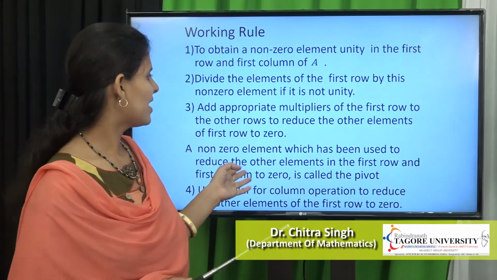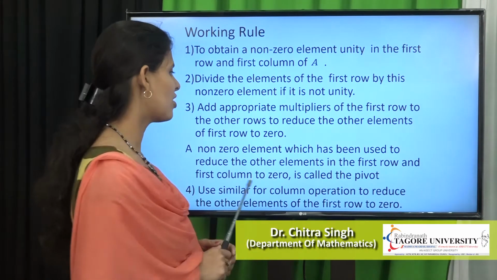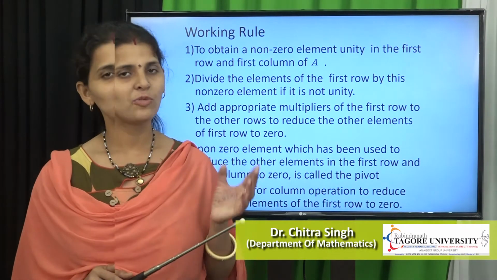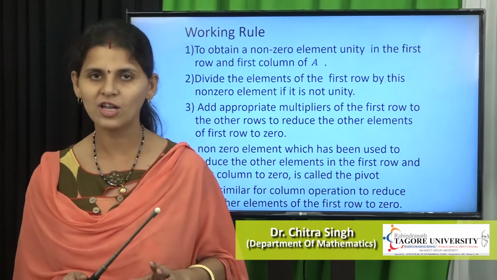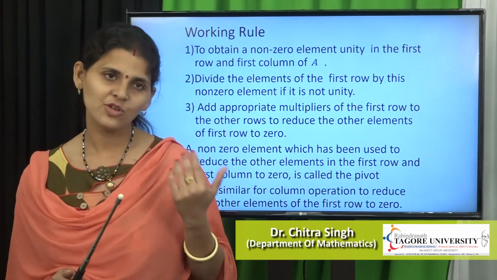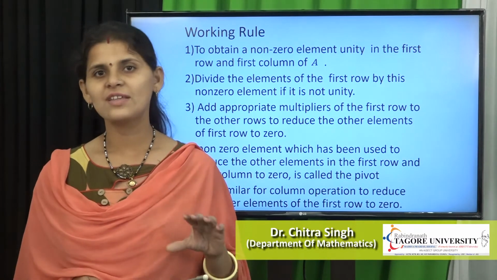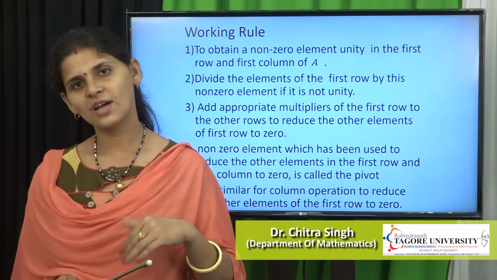A non-zero element which has been used to reduce the other elements in the first row and first column to 0 is called the pivot. You make the first element of the row and column 1, then add appropriate multiples and reduce the other elements to 0.